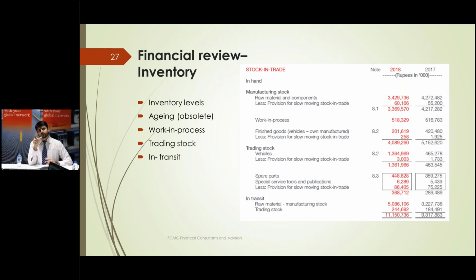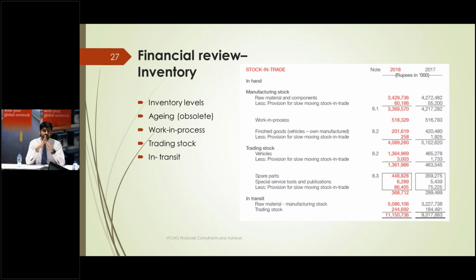This is because it is very critical that our inventory is not overvalued, and that slow moving stock and obsolete inventory is identified and accounted for. So this is coming in raw material, this is coming in finished goods, this is coming in trading stock, and this is coming in spare parts as well as goods in transit.